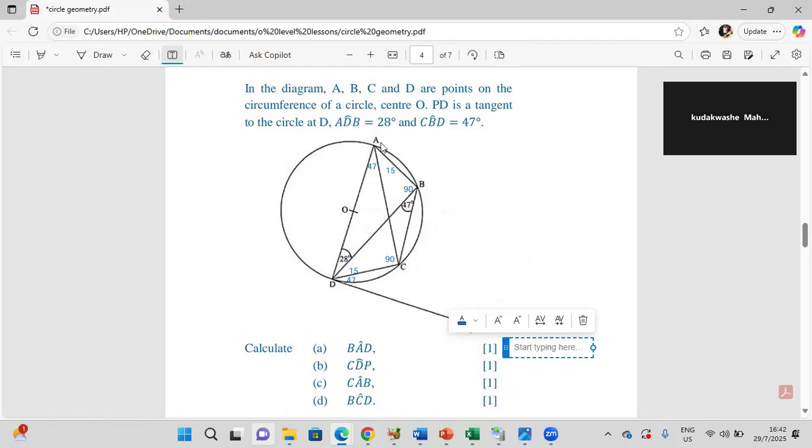For BAD, we have to add 47 plus 15. So it's 47 plus 15. That's 62.